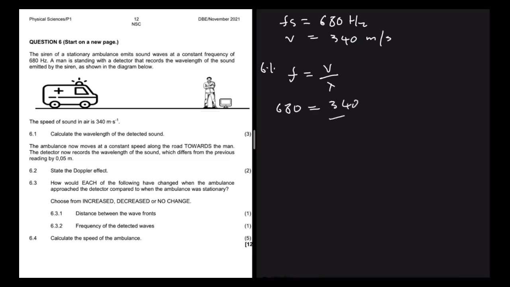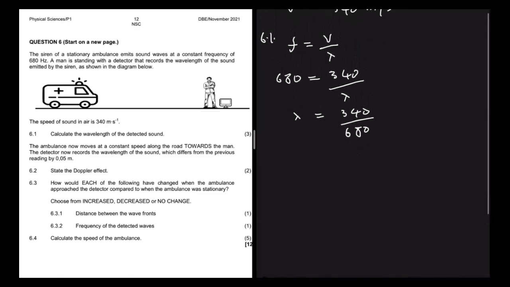So we have 340 divided by what we're interested in, the wavelength. From here, you just cross multiply and we get our wavelength. So we're going to have wavelength is equal to 340 divided by 680 hertz. And then 340 divided by 680, that is 0.5 meters. So the wavelength of our detected sound is 0.5 meters.